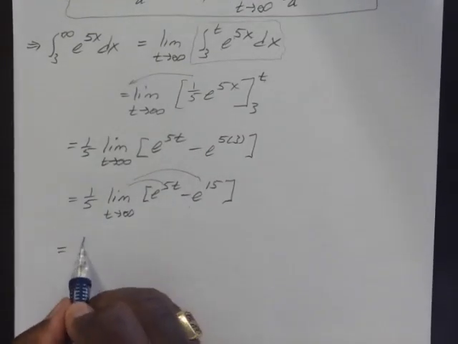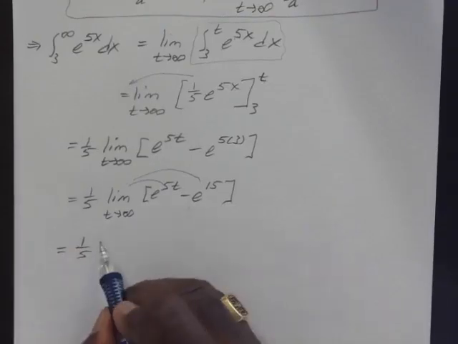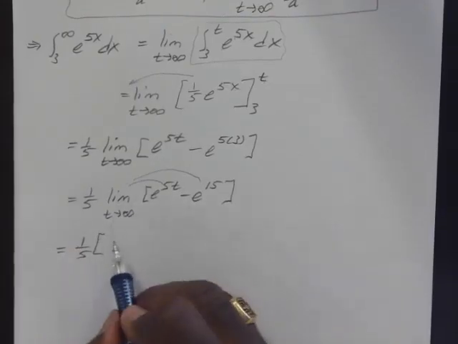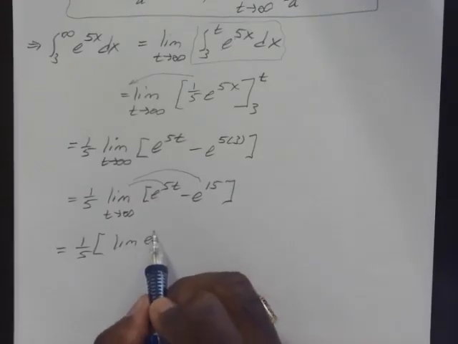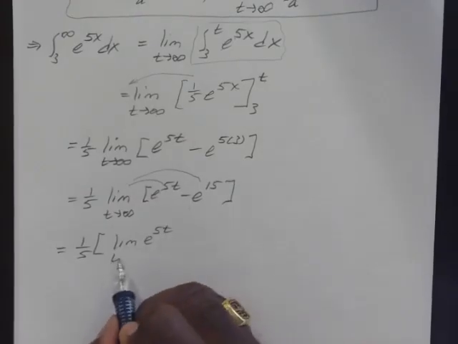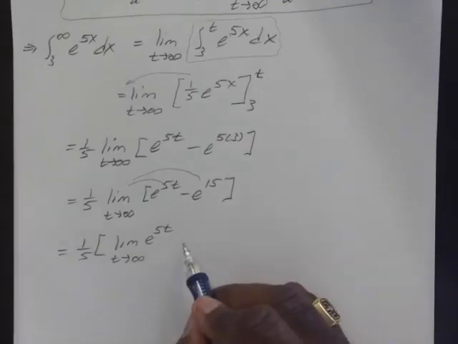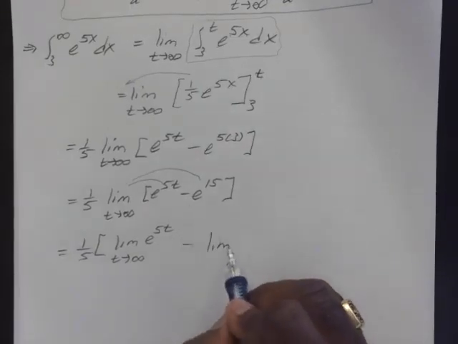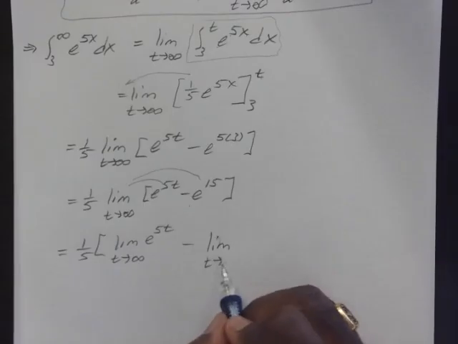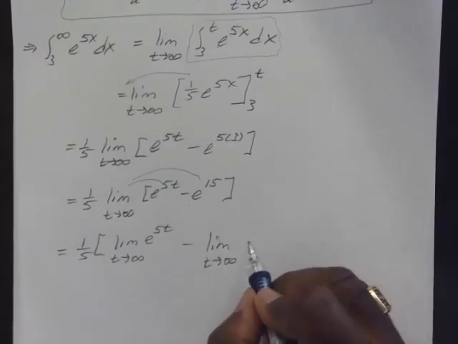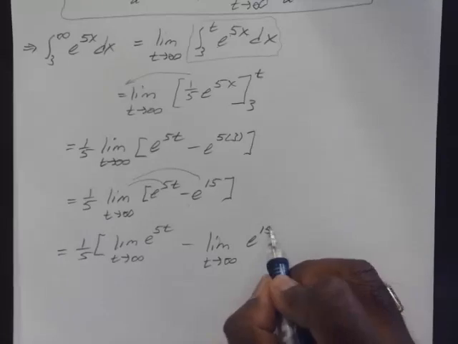Again, that's just a personal choice. So 1/5 times the limit of e to the power of 5t as t approaches infinity, minus the limit as t approaches infinity of e to the power of 15.